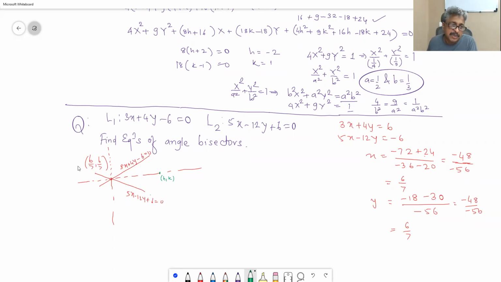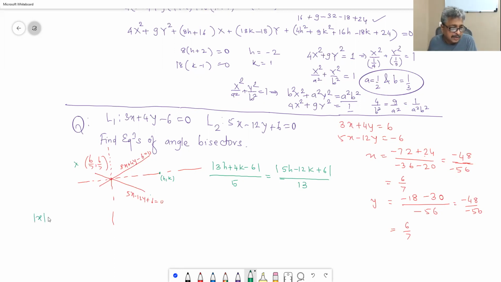So maybe this might not be useful, but okay. Put h from the first line in that equation. |3h + 4k − 6| divided by √(3² + 4²) = 5, is equal to the absolute value of (5h − 12k + 6) divided by 13.